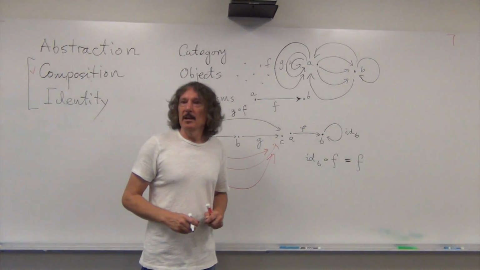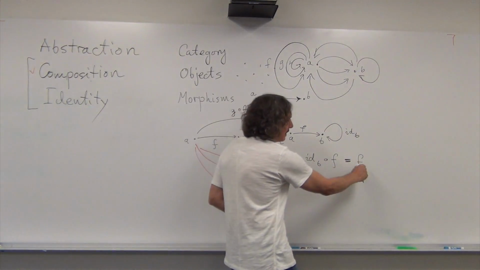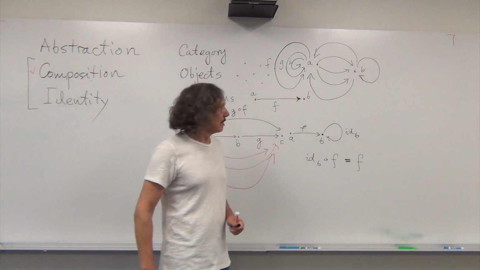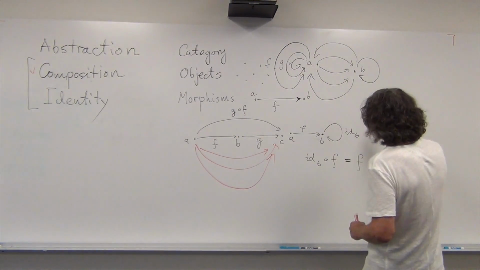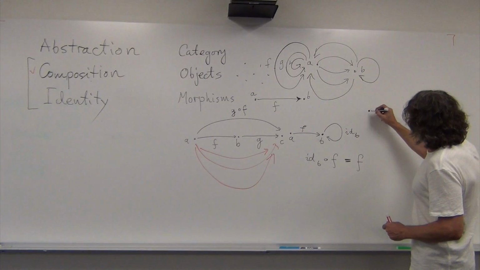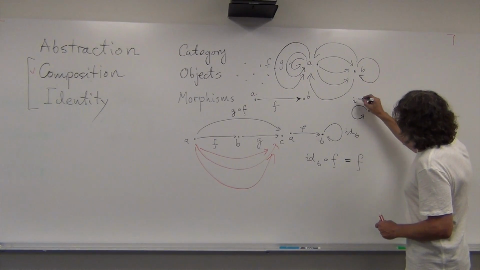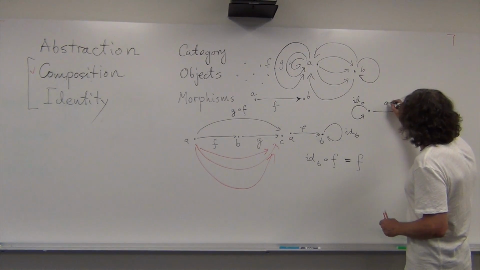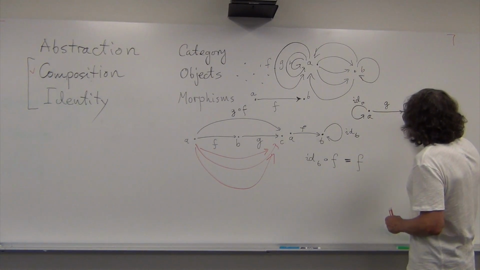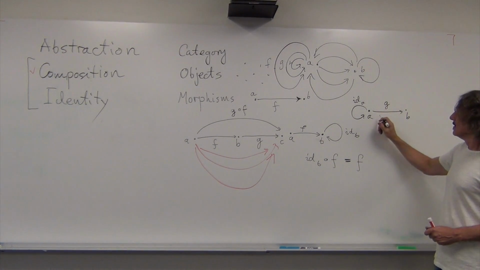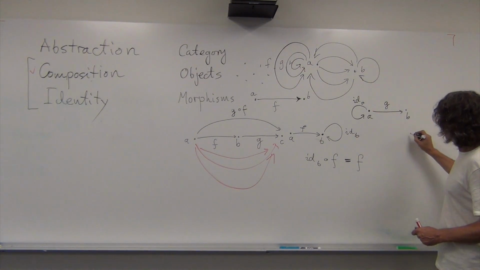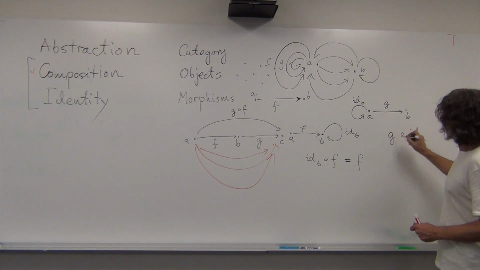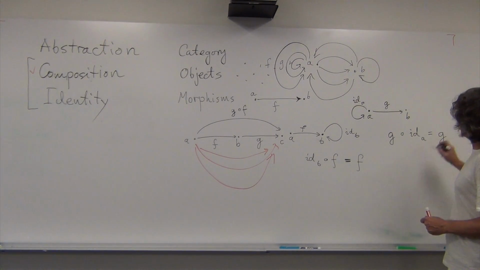Equal, okay? This is one morphism, this is another morphism. They are equal, it's the same morphism. And of course there is this symmetric thing when I have ID A, and I have some, let's call it G from A to B. So if I start with an ID A, and follow it with G, I will get G, okay?